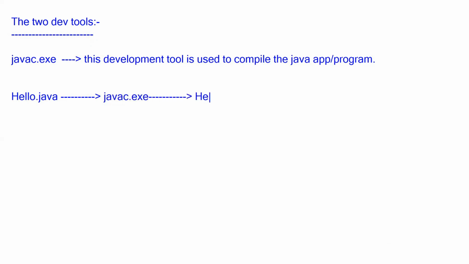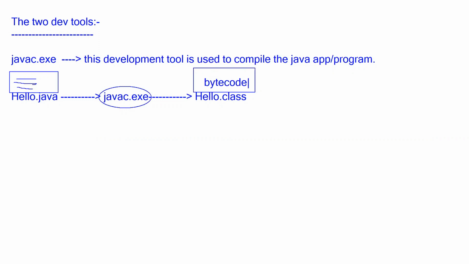Then it will produce the bytecode hello.class. So hello.java is a program that contains the source code, and when it is compiled by the Java compiler tool, it will produce a code called bytecode. That bytecode should be given to the JVM.